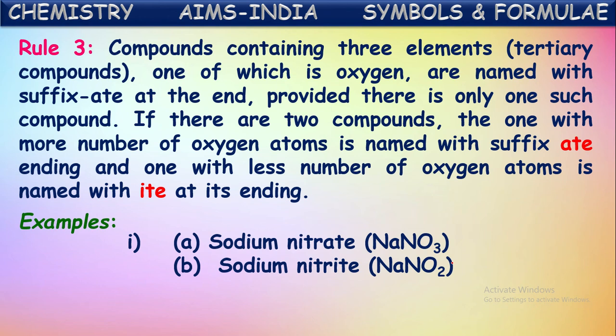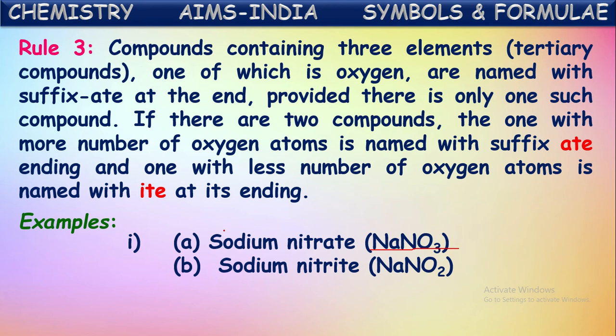Now, the compound with more oxygen atoms will be named with -ate at the end of the name instead of mentioning oxygen. And the compound with fewer oxygen atoms is named with -ite at the end. See here, sodium, nitrogen, oxygen are there, and in this compound the number of oxygens is more when compared. Now it is named like this.